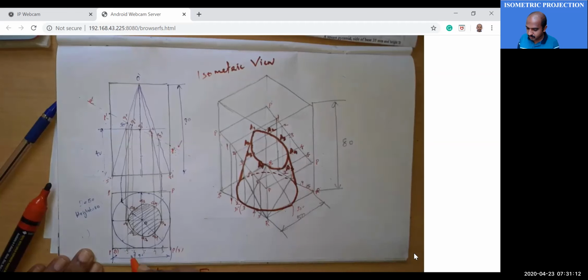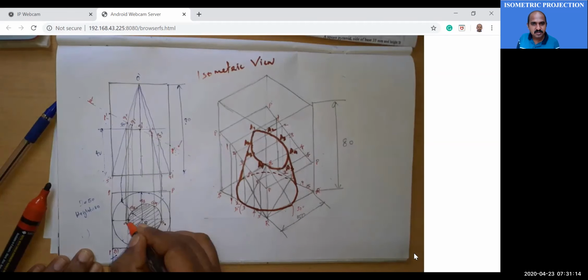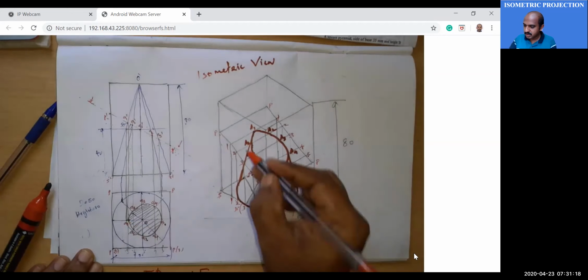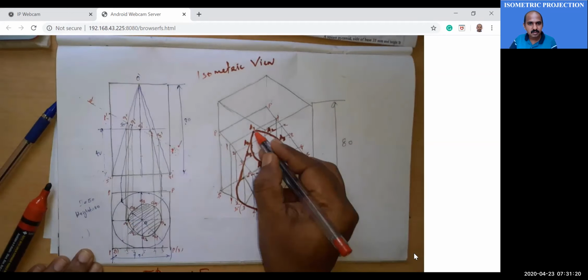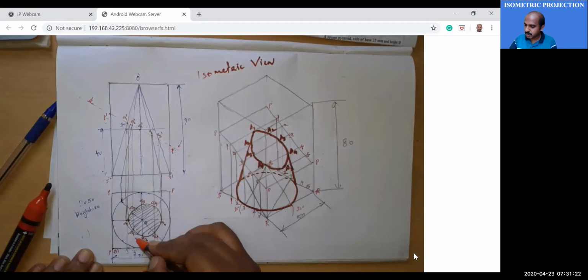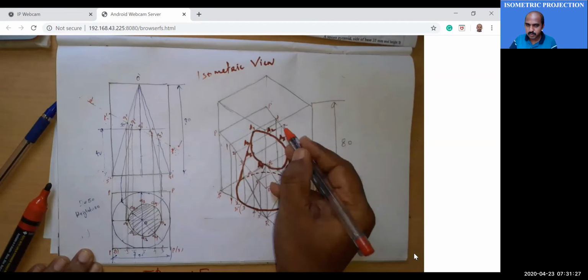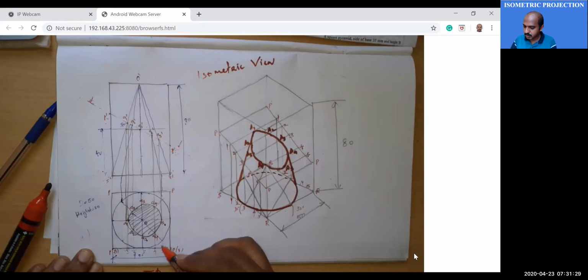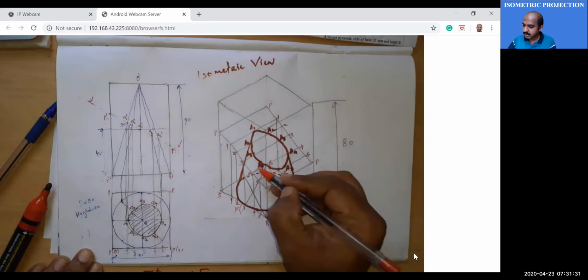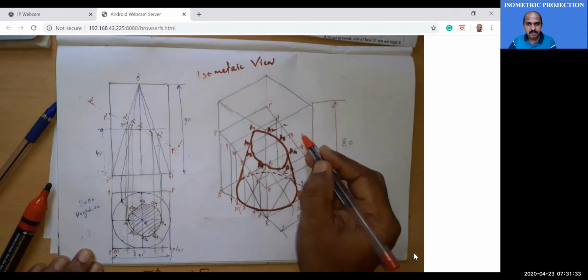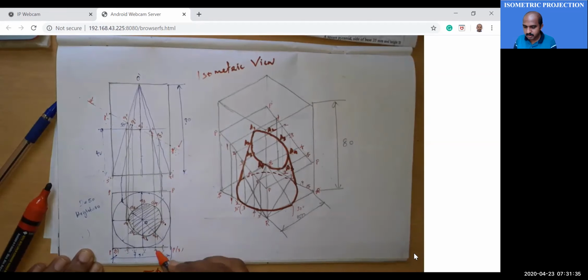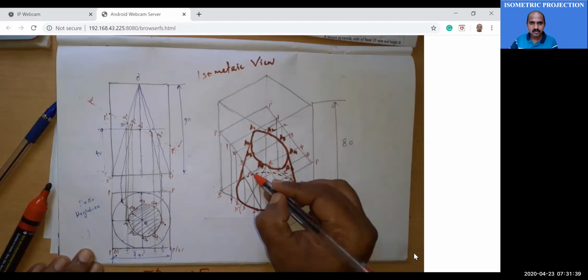Then you measure the 1 to A1 distance and mark it here. You measure the 2 to A2 distance, from both sides. Similarly, 3 to a3 distance, and 4 to a4 distance. So now you complete the top.